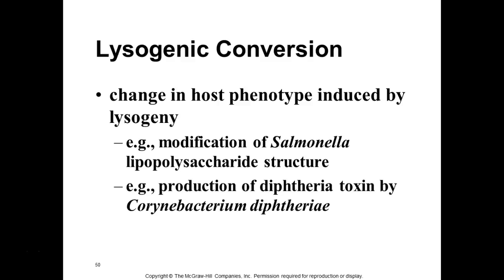So not all Corynebacteria are pathogenic, but the ones that have this prophage, which is most of the Corynebacterium out there, produce the toxin that causes the disease that we know as diphtheria. And we actually vaccinate people against the toxin, not really the bacteria. It isn't necessarily the bacteria that's the bad news in this situation, it's the toxin it produces.